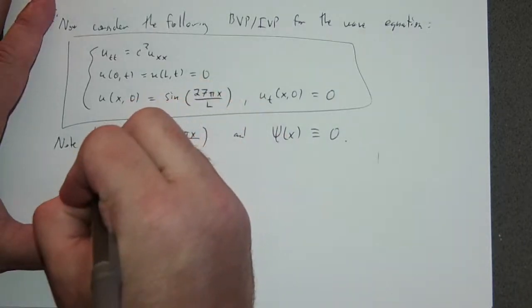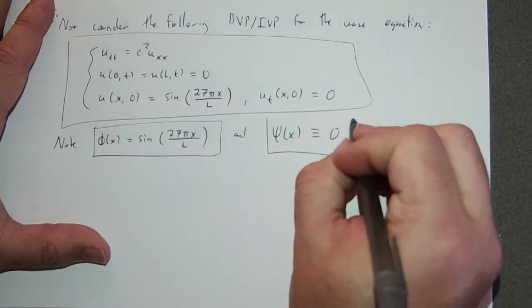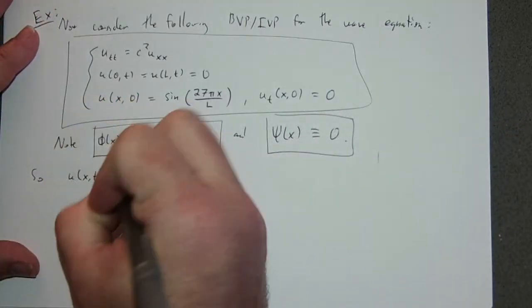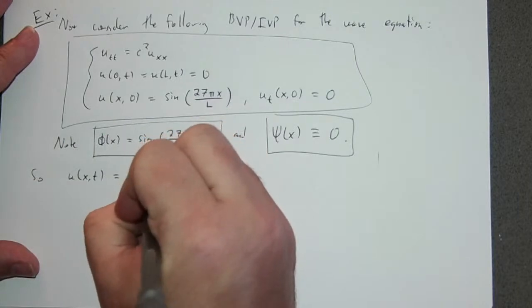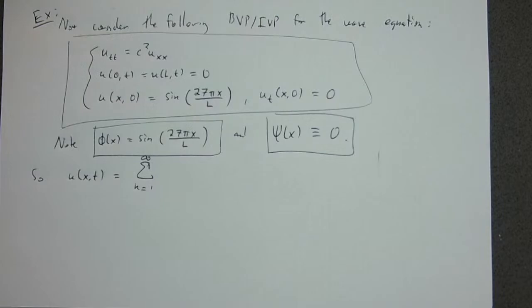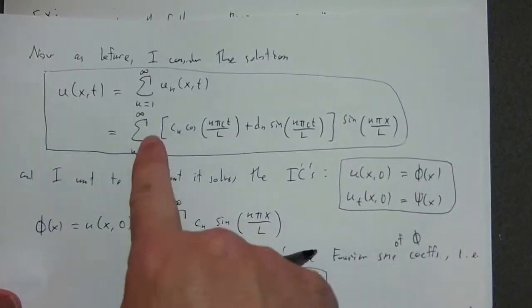And so, u of x, t is the sum from n equals 1 to infinity of, here I'm just copying this formula over, this one.